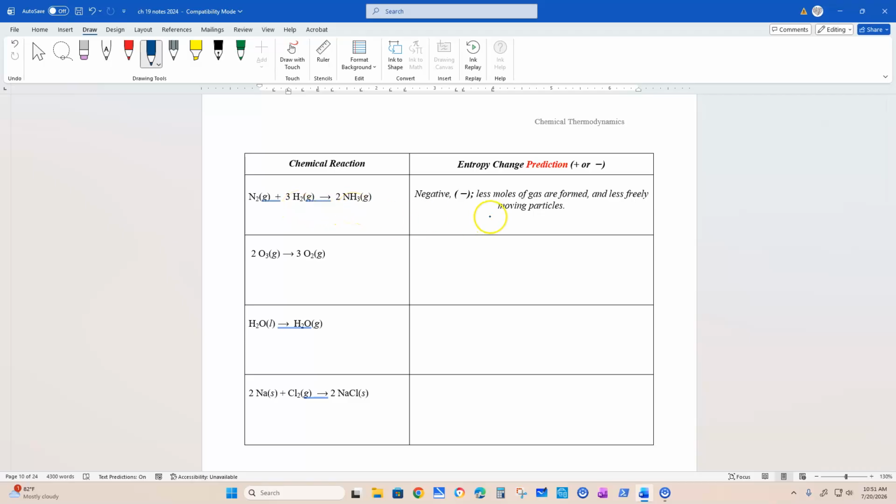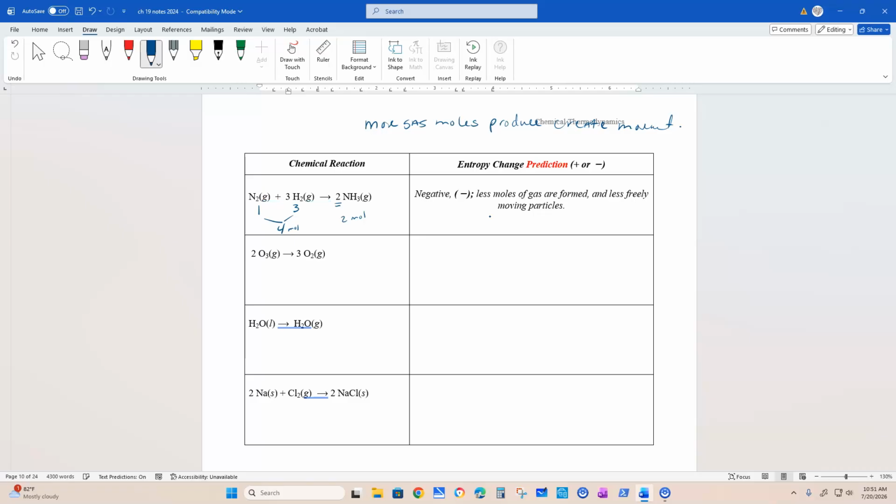Remember there was something about entropy, that the more gaseous moles you produce, the more movement. I have 1 mole of gas versus 3. So right here, I have 4 moles of gas versus 2.